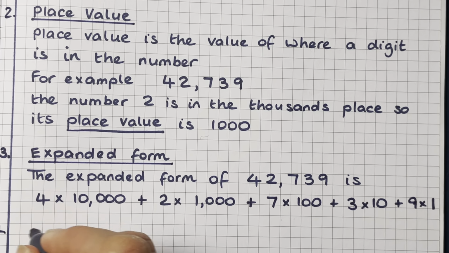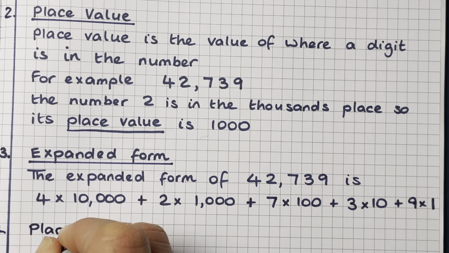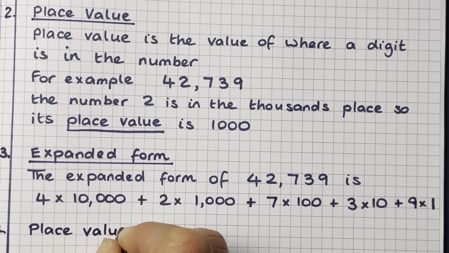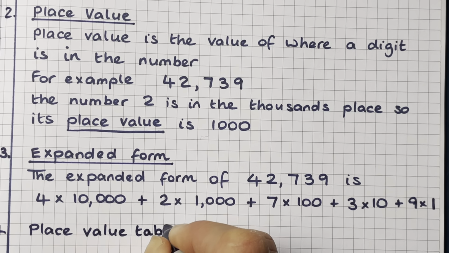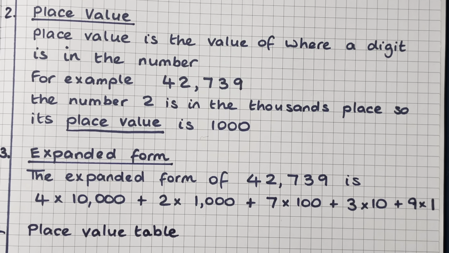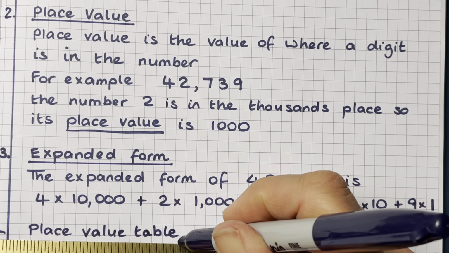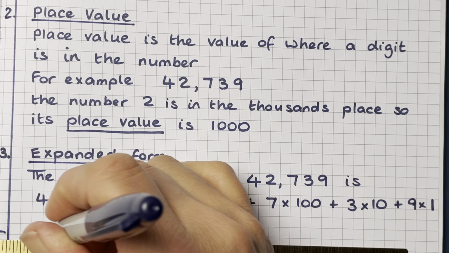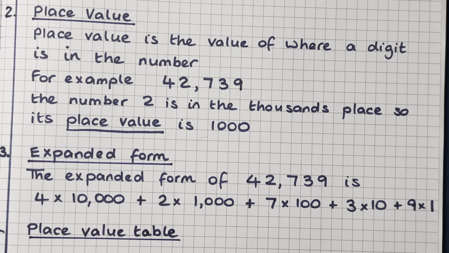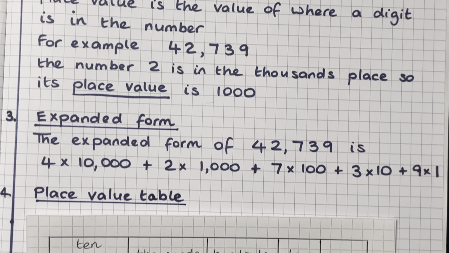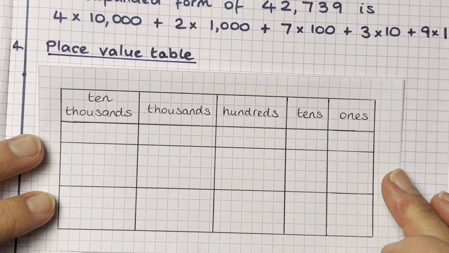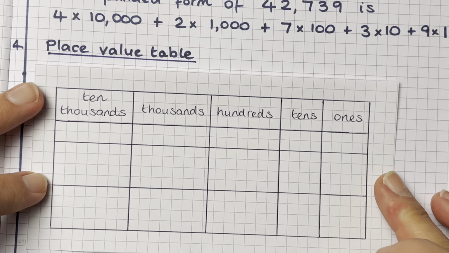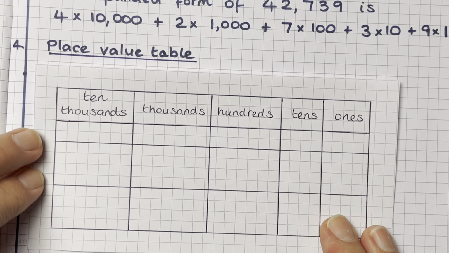Now we're going to draw that place value table. Okay, I'm still going to use those same numbers, and I've sketched out a place value table here just to speed things up a little bit.